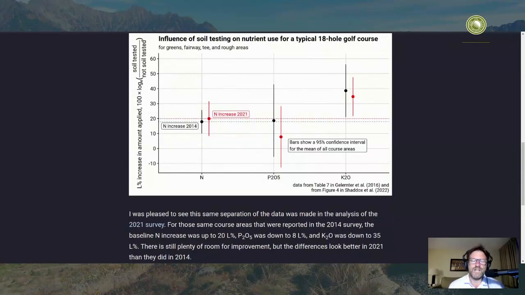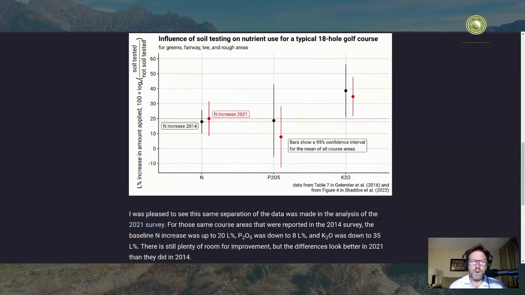It's not because of soil testing, so it must be something to do with the way that they manage, or perhaps these are higher budget facilities or busier facilities that have more revenue and more traffic, so they need to apply more nitrogen to have an increased growth rate, or something like that. And it's about a 20% increase.